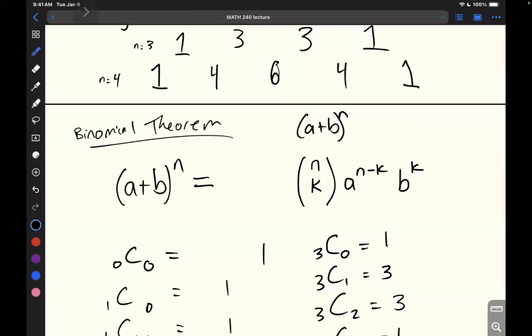The exponent on b is going to be k. And to get the whole polynomial, we just stick this thing. So this is for each individual term. To get the whole polynomial, we stick it in a summation. So we start from k at 0, and we go up to n.